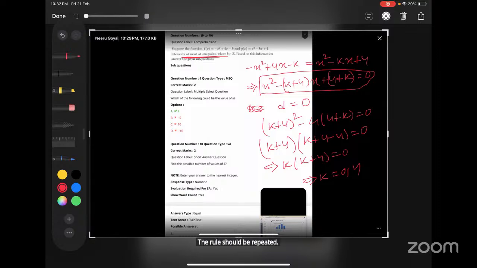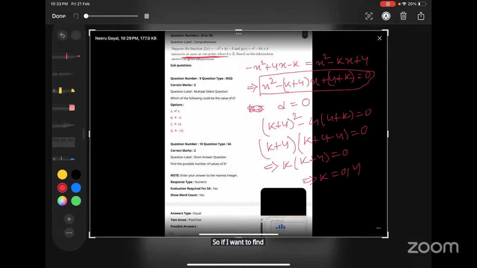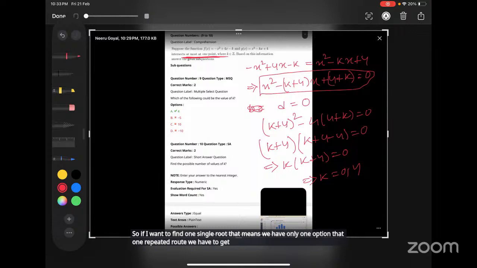Because this is a quadratic equation, we only have 3 possibilities: either 2 different roots, or no root, or 1 repeated root. If I want to find 1 single root, we have only one option, that 1 repeated root, which means the discriminant should be equal to 0, right?